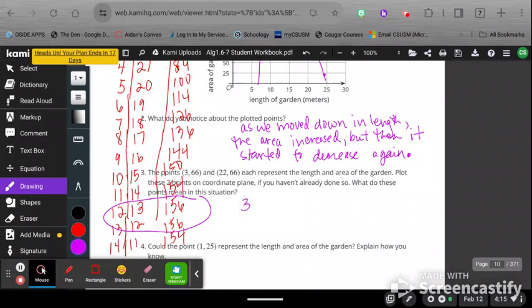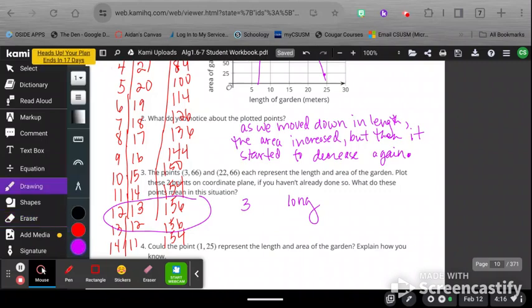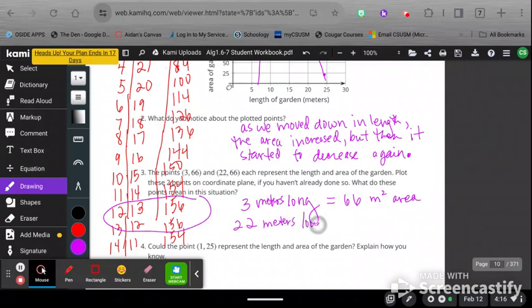So it means 3 feet long, or is it meters? Sorry. I think it is meters. 3 meters long is 66 meters squared in area and 22 meters long is also 66 meters squared in area.